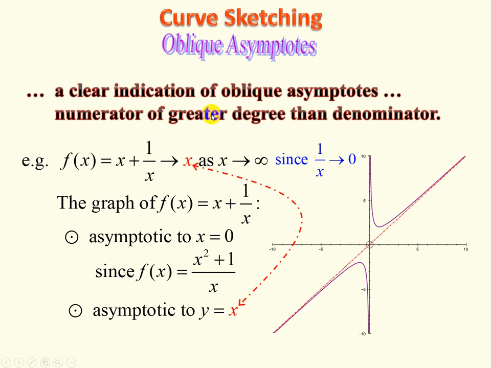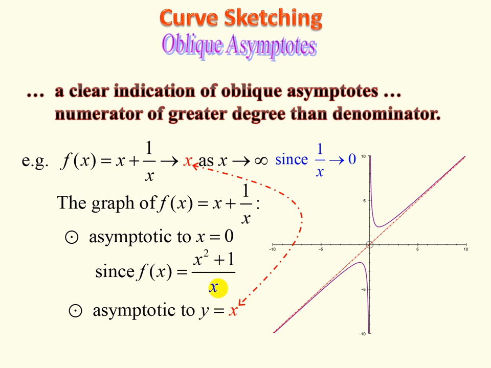If you want to see whether a curve has oblique asymptotes by looking at its equation, all you have to check is whether the numerator is of a greater degree than the denominator. This one here, for example, if we find a common denominator, you'll see degree 2 in the numerator, degree 1 in the denominator.